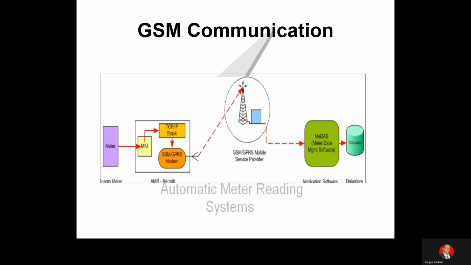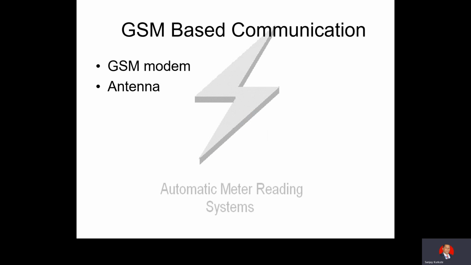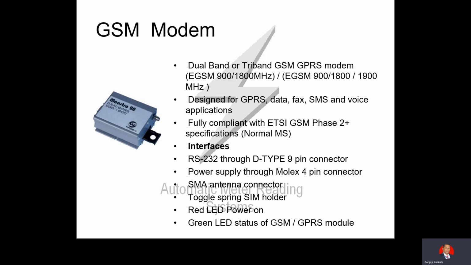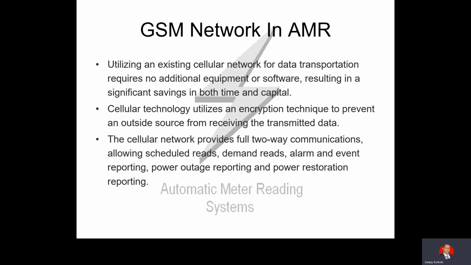Here you can see the energy meter, then the AMR sensor, then the GSM module, and lastly the application software. The GSM modem and antenna are there. Then see this antenna, GSM and the GSM network in AMR.